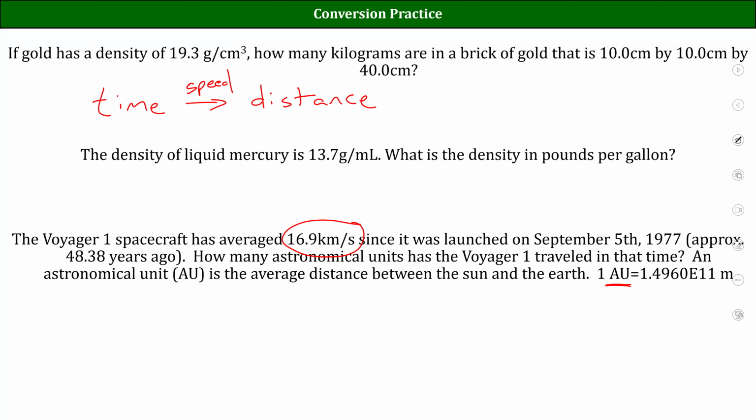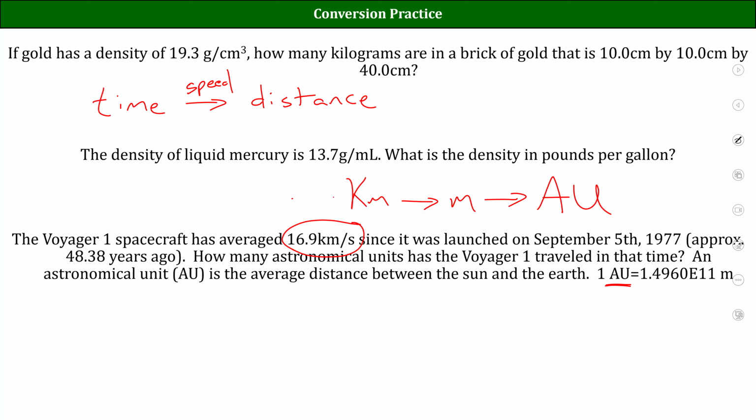So if I'm writing out my plan in a little bit more detail now, this is definitely one where it can be helpful to start at the ends and work inward. I know I'm trying to get to AU. I only have one conversion for AU, so I need to get to meters, because once I get to meters, I can go to AU. How do I get to meters? I get to meters from kilometers, because my speed is in kilometers. So how did I get to kilometers?